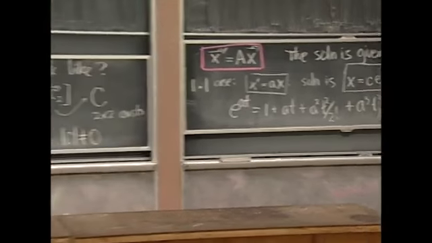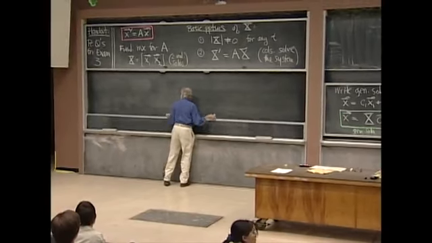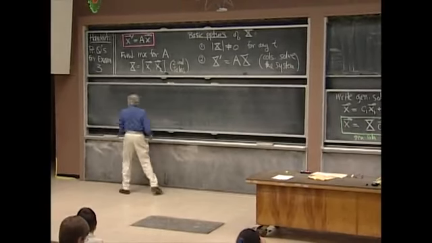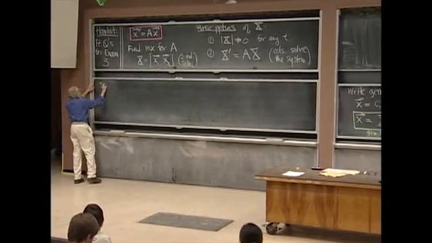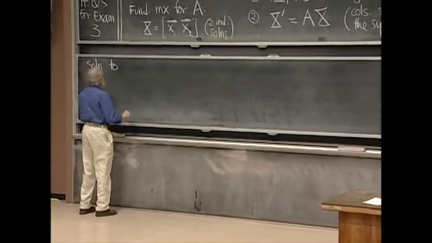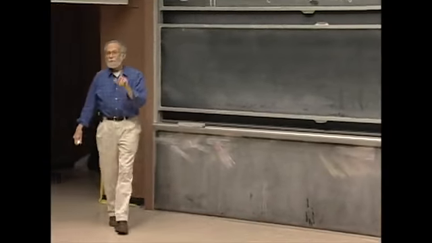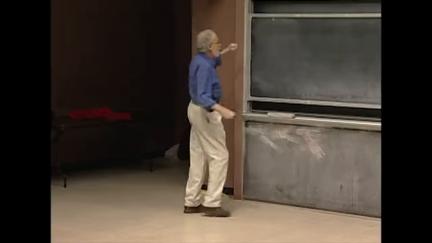Now, that's the idea that I'm going to use to solve the system in general. What are we going to say? Well, let's get 2 solutions at once by writing a fundamental matrix.